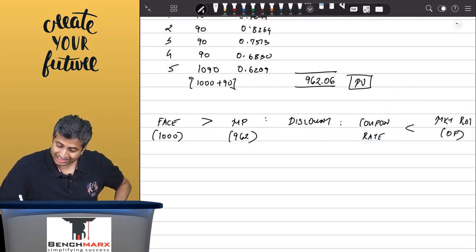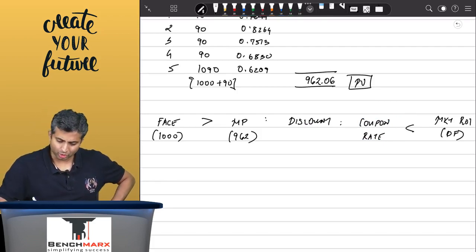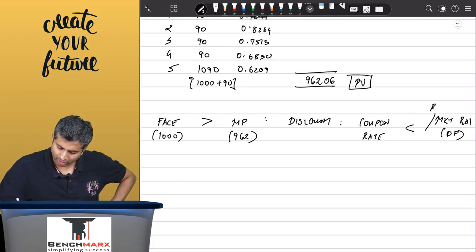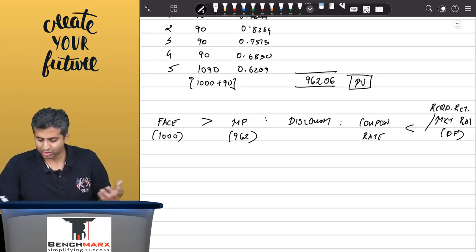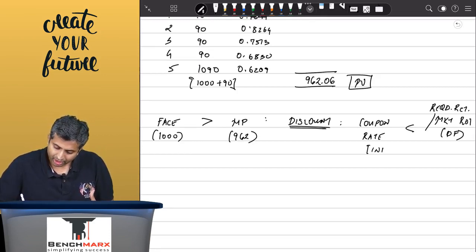As the coupon rate is less than the market rate of interest, which is also the discounting factor, the required rate of return, so you can say market rate of interest or the required return, whatever it is, basically the discounting factor, in which case I would say that this is kind of an inferior bond, right?